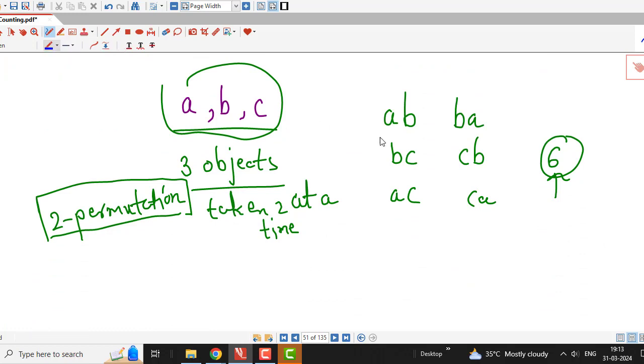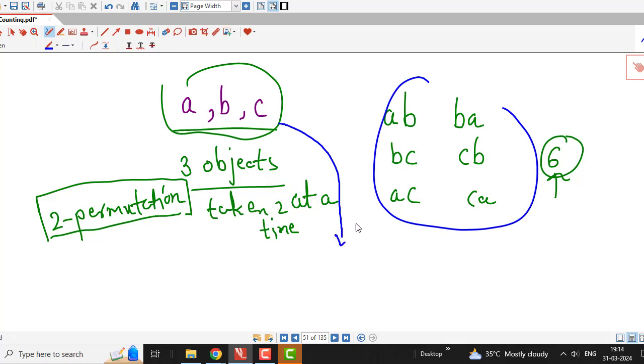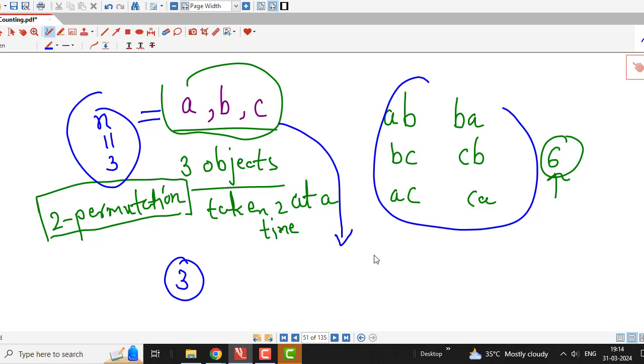we can understand it here also. Suppose we are interested in the number of arrangements of these three objects, that is n equal to 3, taken 2 at a time. So we are interested in the arrangement of three objects A, B, C taken 2 at a time. We have two positions to decide, because we are writing two objects at a time, and repetitions are not allowed.